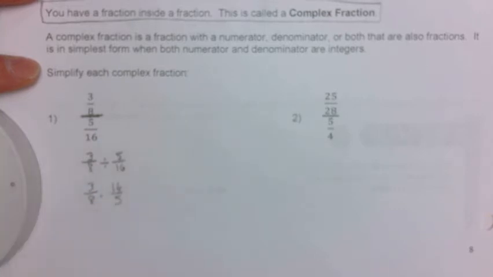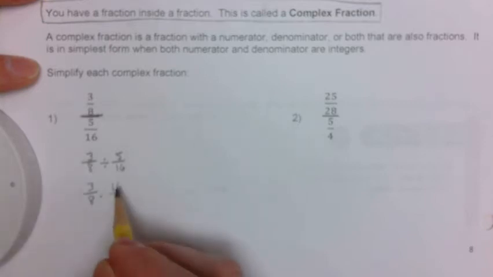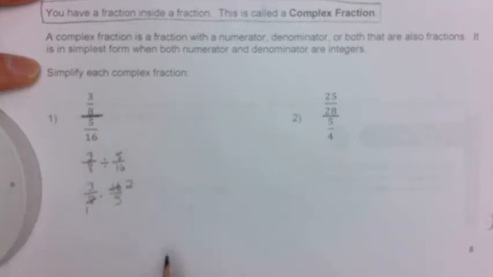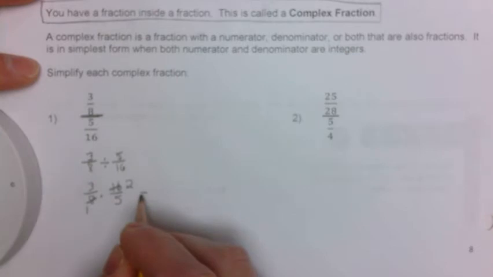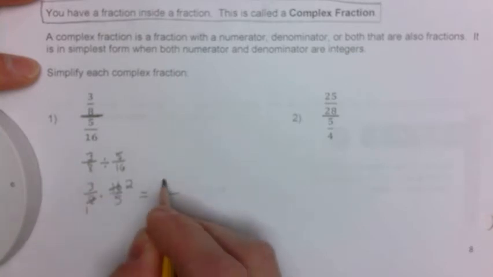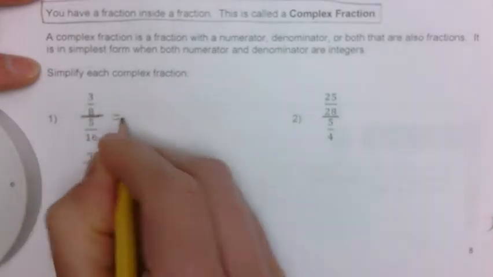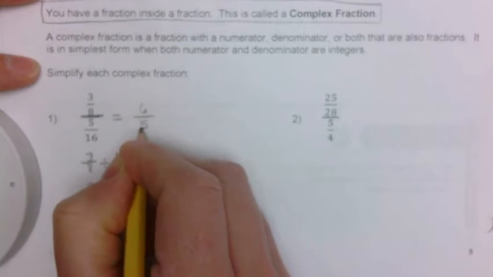Before I multiply, I know that I can simplify with 8 and 16. 8 goes into itself once, and it goes into 16 twice. No other simplifying can be done, so now when I multiply, my numerator, 3 times 2, is 6. My denominator, 1 times 5, is 5. This complex fraction in simplest form is equal to the fraction 6/5.